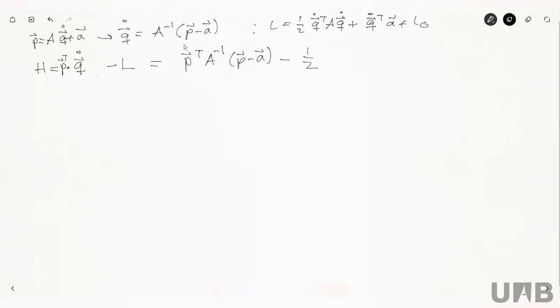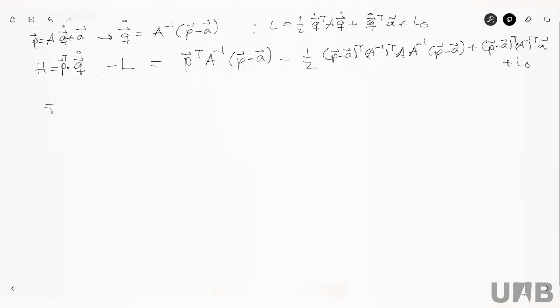Again, the transpose of this object, so that means p minus a transpose A minus 1 transpose times A times q dot, which is A minus 1 times p minus a, plus a times q dot transpose, which is the transpose of this thing. Oh, let me write it. q dot transpose, which is p minus a transpose A minus 1 transpose a plus L0.